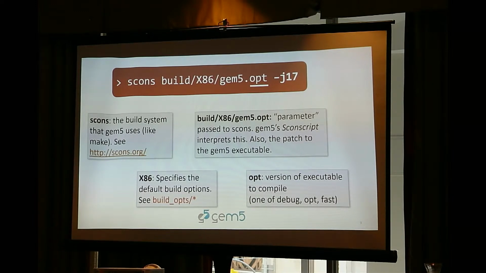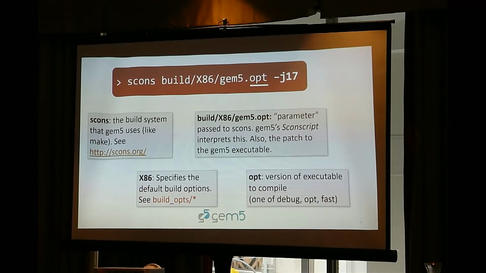And then .opt is an option for how you want to build gem5. Do you want to build it in debug mode? Or opt, which is optimizations with debug flags, or fast, which is optimizations and no debug flags. We usually use opt while developing because it's pretty fast, but still allows us to debug our code, and then fast for production.